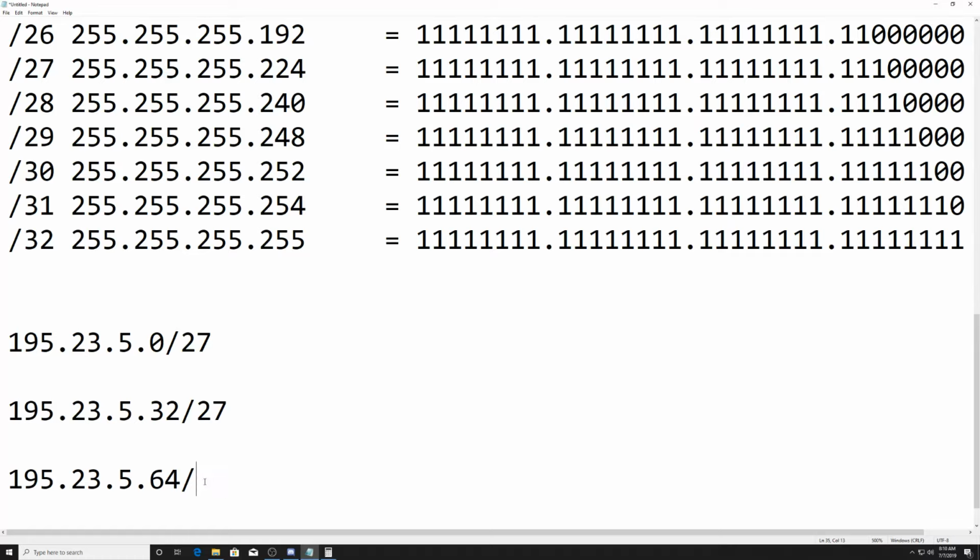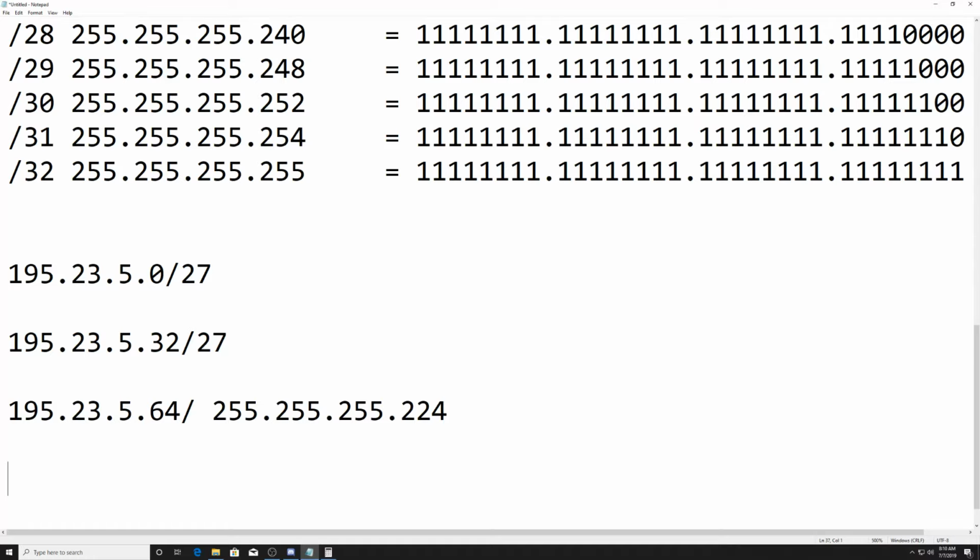Or you can use this, because you actually have to use that when you're typing in your subnet mask when you want to configure an IP address on your router's interface. And it goes like this: 195.23.5. What's that? 96, and etc.